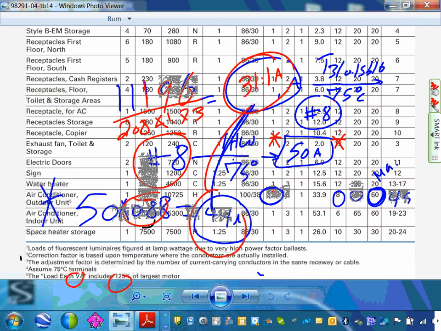If it's 31.1, then your answer will be 44 amps, which is more than what you need. After you derate, the conductor still has more juice in it. Look, it was 50. After you derate it, if it's still more than what you need, then we're good.